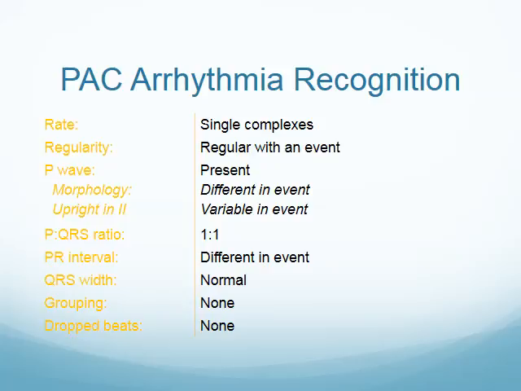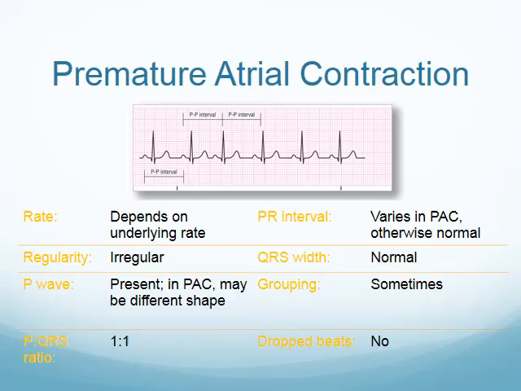The QRS width should be the same. So here in our example, this third complex is our PAC. Looking at the brackets above, you see that the P wave falls sooner than expected. And in this particular example, we have a compensatory pause.